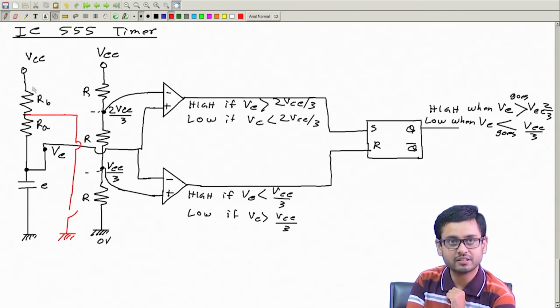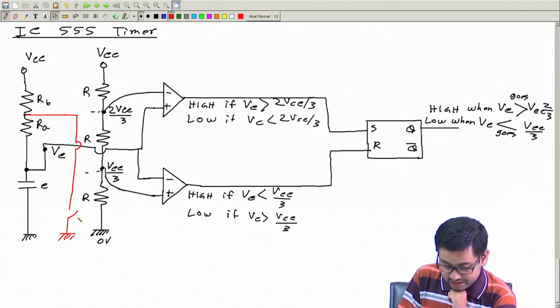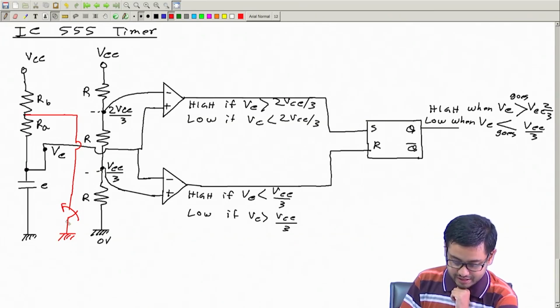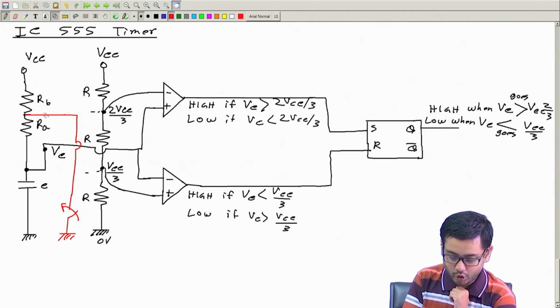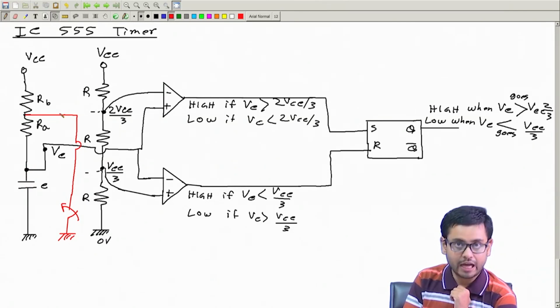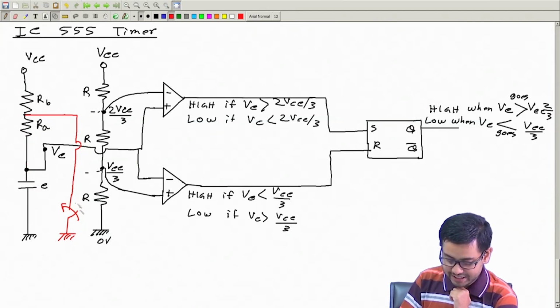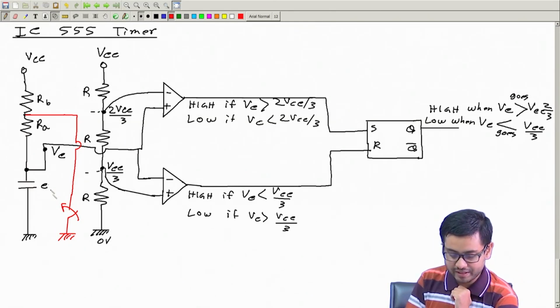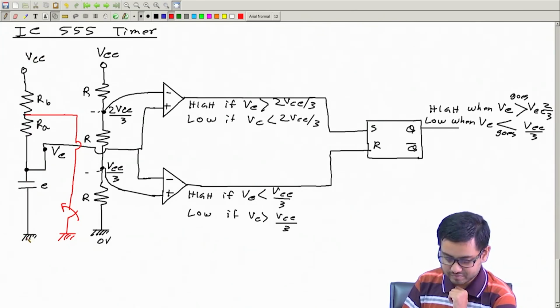Current will come from top to bottom, and the potential will increase. But if I close this switch, then this is connected to ground, at zero potential. So any charge in this capacitor will discharge to ground, and this potential will drop. If this is open, then current will come from Vcc and charge this capacitor.